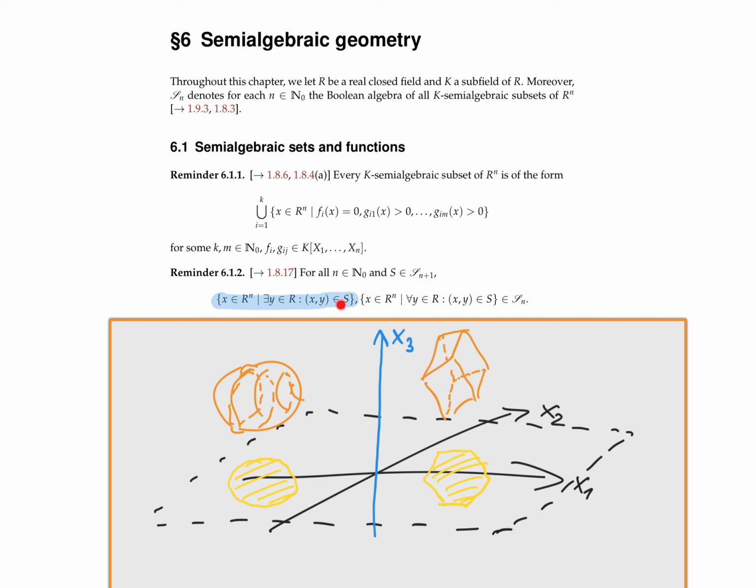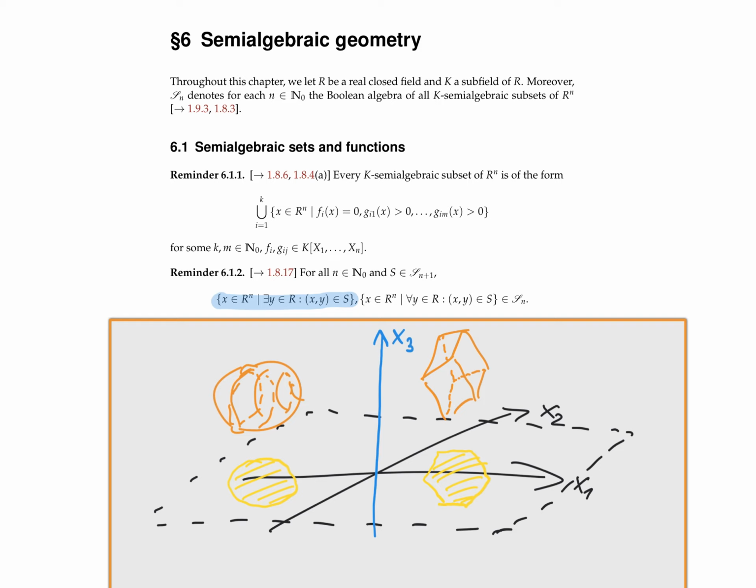And in this particular example here, if S is this orange set here, then this set would be empty, right? Because what is this set?